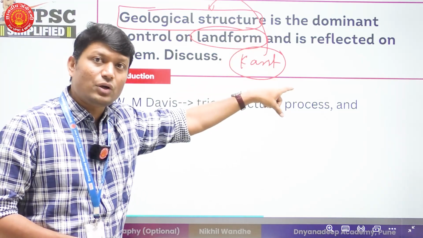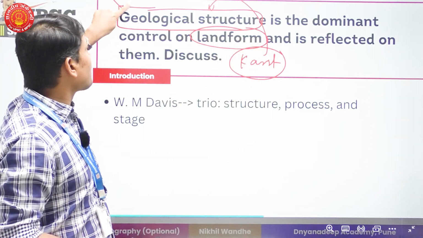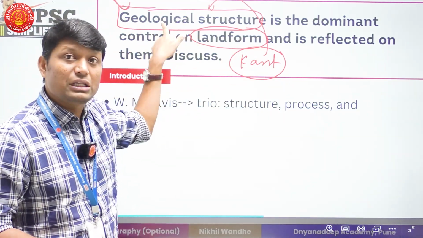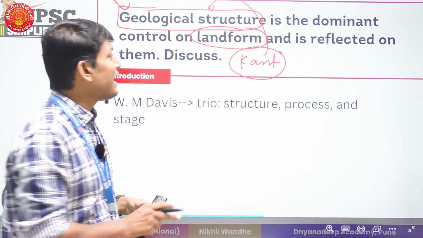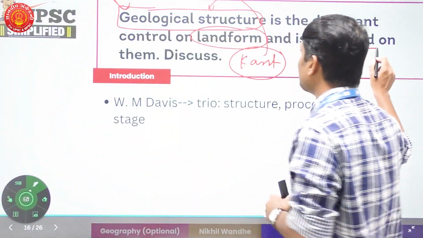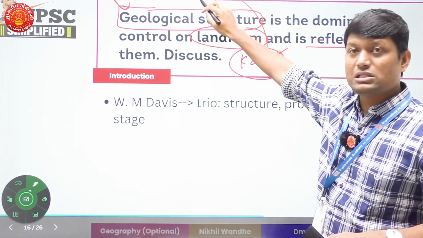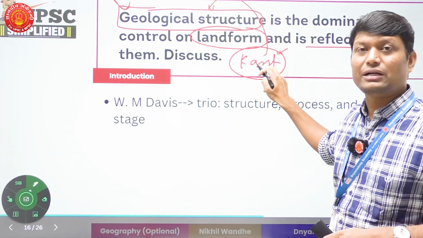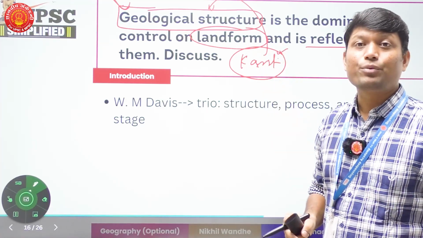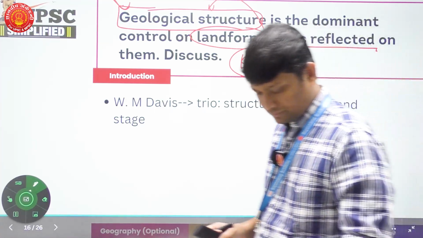Whatever karst topography you have got is an outcome of what? It is the outcome of geological structure. And the later part, it is reflected in them. Clearly you can see the nature of geological structure if you look at the karst landform. This is one example which I am providing you here.